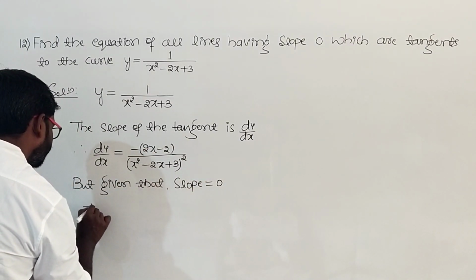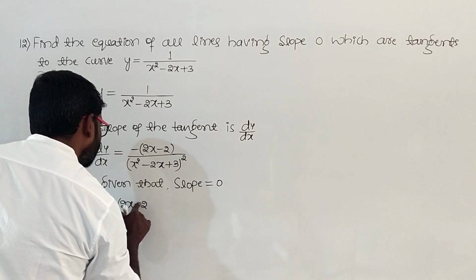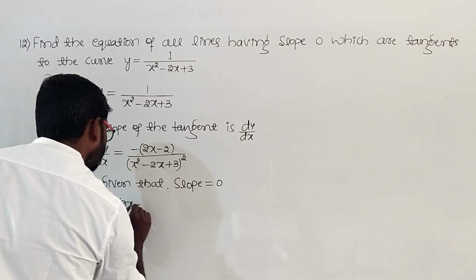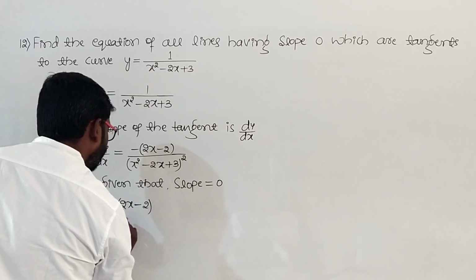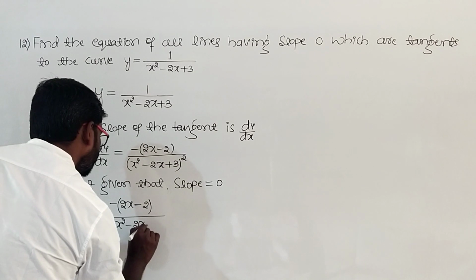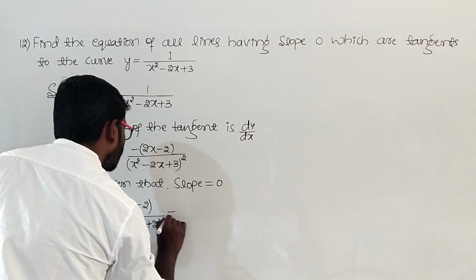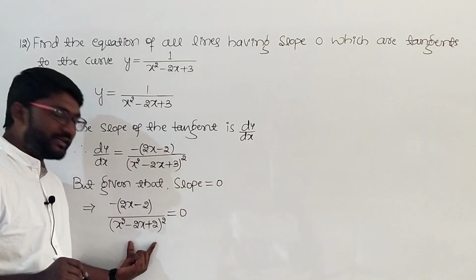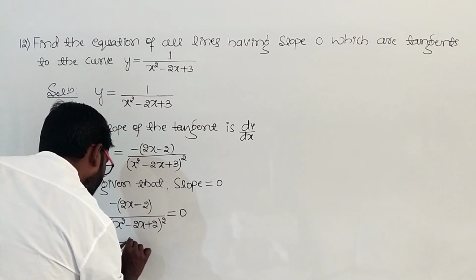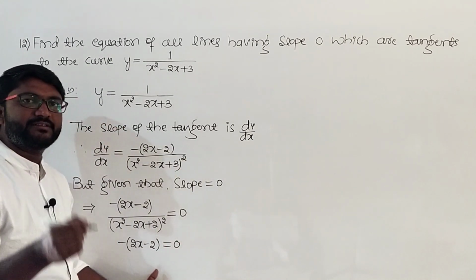This implies minus of 2x minus 2 divided by x square minus 2x plus 3 the whole square equals 0. Now take the denominator to the right hand side, it will be multiplied with the 0. Overall you get minus of 2x minus 2 equals 0. Now take the minus to the RHS, it becomes 0.